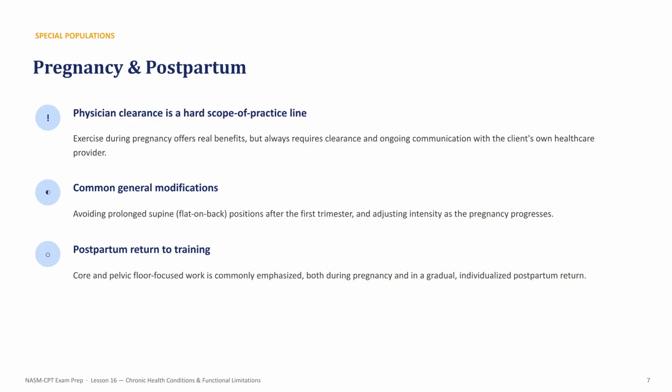Postpartum return to training: core and pelvic floor focused work is commonly emphasized, both during pregnancy and in a gradual, individualized postpartum return. This is really the clearest example in the whole course of a hard scope of practice boundary. No ambiguity. Always defer to the client's physician.